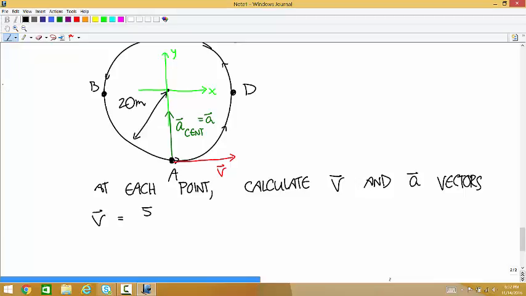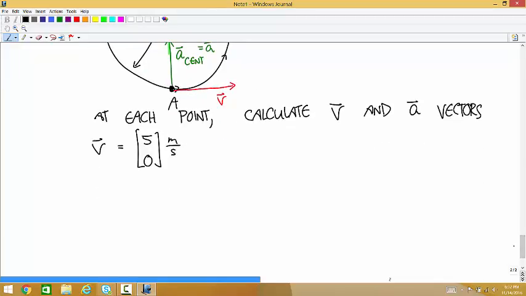So it's just positive 5 in the x direction, 0 in the y direction. At A, these will be different at each point. The magnitudes of those vectors are going to be the same everywhere, but the directions are going to change at each one.